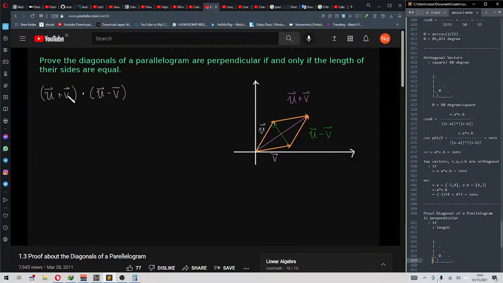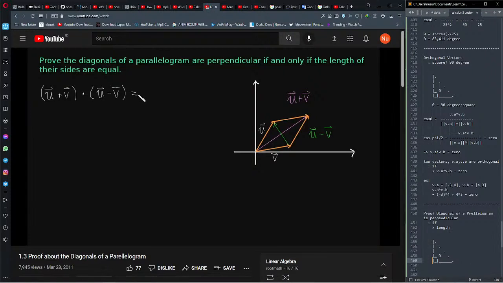So we could say that their dot product is 0. So the diagonals are perpendicular. That's this statement. The diagonals are perpendicular if and only if the length of their sides are equal. So this is length of u is equal to length of v. Okay, so now we have a proof, and we need to go in both directions.